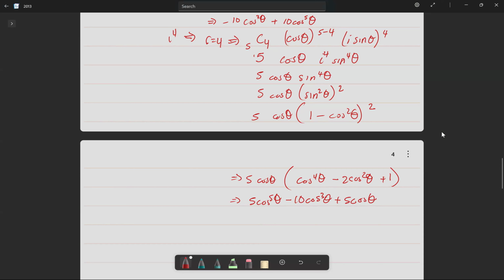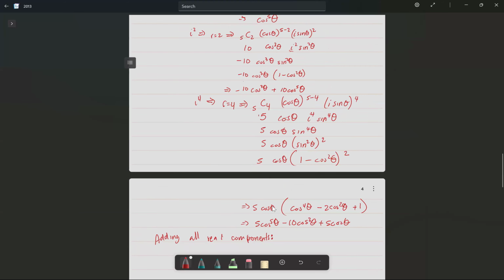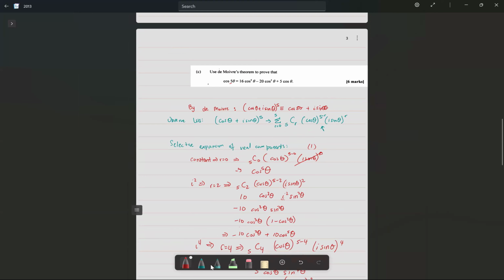So now we have our real parts. The next step is that we need to add our real parts together and see when it becomes the right-hand side. So adding all real components, the real components are everything that we just calculated.